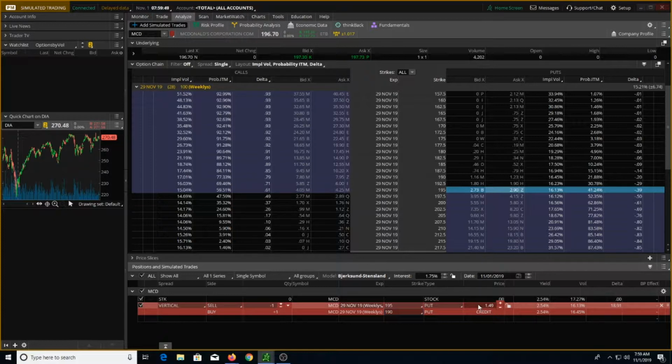And if you're trying to close it for, say, 50%, then you're looking at about a $75 gain is what you're realistically targeting. Your break even here would be the 195 short minus the $1.49. So your short, that puts you at a break even about 193.50.